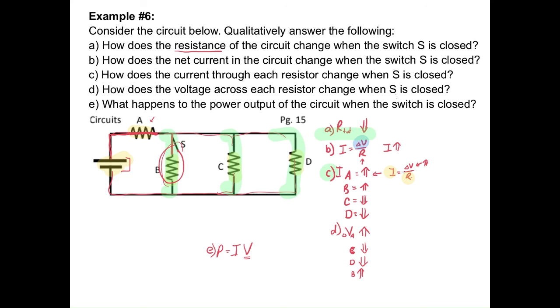Potential difference of individual components will change, but of the circuit, there's only a certain amount being provided by that battery, so that stays the same. And we said in letter B that the current of the whole system is going to increase. And so if the current goes up and the potential stays the same, that must mean that the total power required in the circuit will increase when we close that switch.